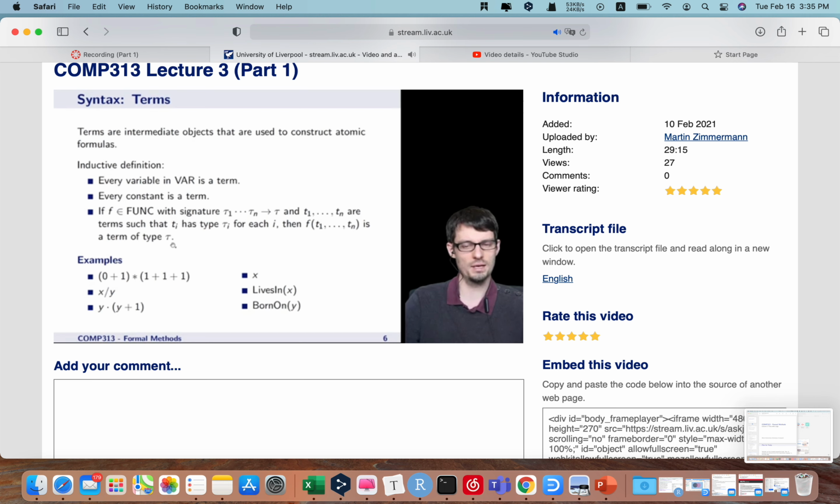Okay? So then I can apply f to t1 up to tn, and this is then a term of this output type tau here.